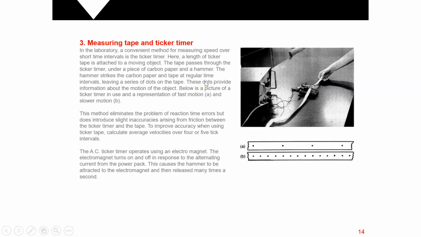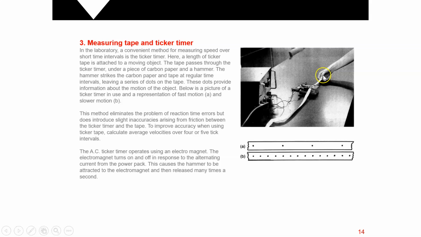Another method for measuring an average velocity more accurately may be using a ticker timer. Last year in Year 10 Science, I think most of you would have been exposed to using a ticker timer, and basically we attach this piece of paper to some object.